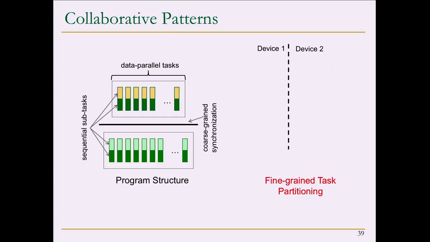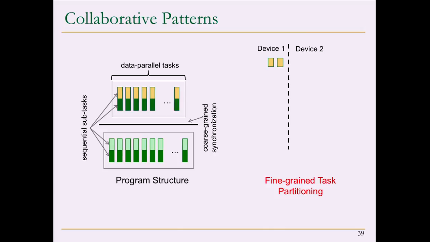And the third possibility is what we call fine-grained task partitioning. And actually, this is something that is only enabled by these new heterogeneous features that we are presenting in this lecture. So the idea is that we will assign these subtasks to the threads that execute them faster.